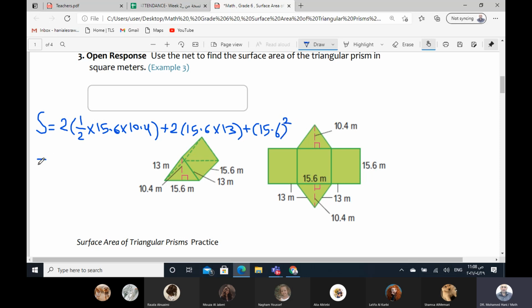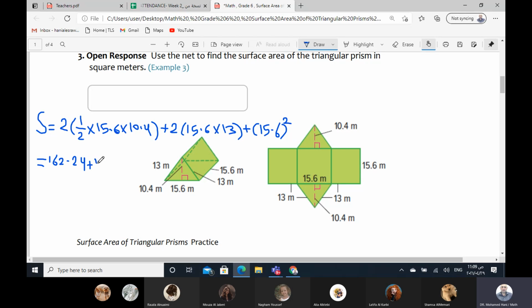Now we can calculate. 2 times 1 over 2 will be 1. Now 15.6 times 10.4. The answer will be 162.24, plus 2 times 15.6 times 13.